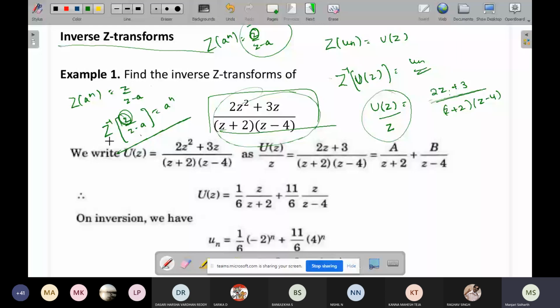Now partial fractions, you know how to do. Linear factors, so simply A by the first factor plus B by the second factor.